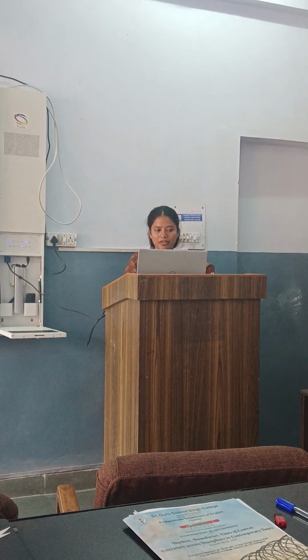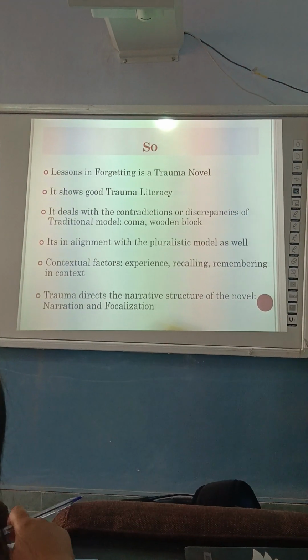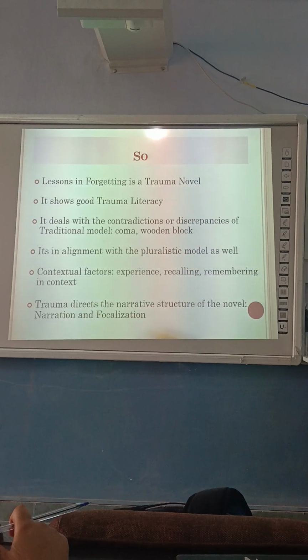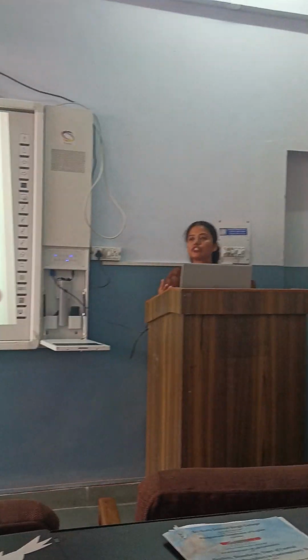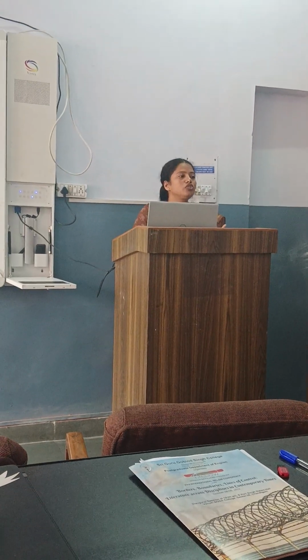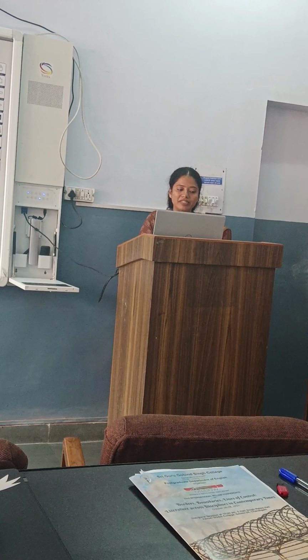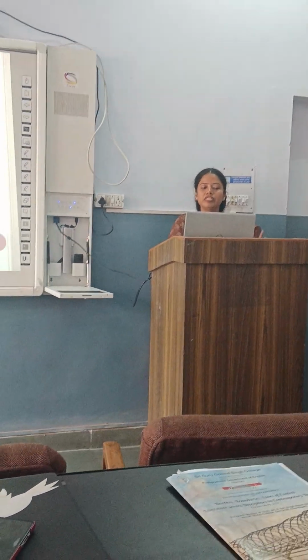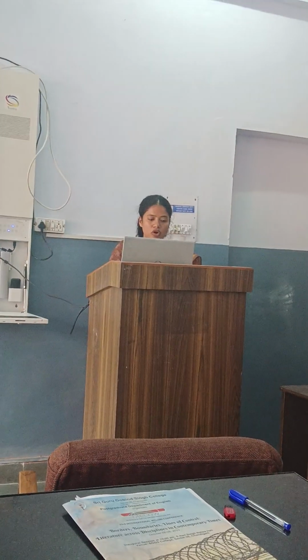Can you go? And so this is the conclusion of my paper, that Lessons in Forgetting is a trauma novel. It deals with trauma. It shows good trauma literacy, the sensitivity and maturity with which the writer has handled trauma. It deals with the contradictions or discrepancies of the traditional model by bringing in elements from Meadow's condition and the Govind law.